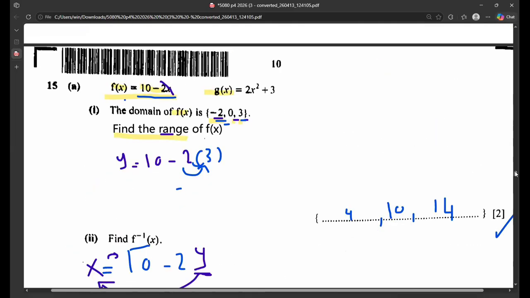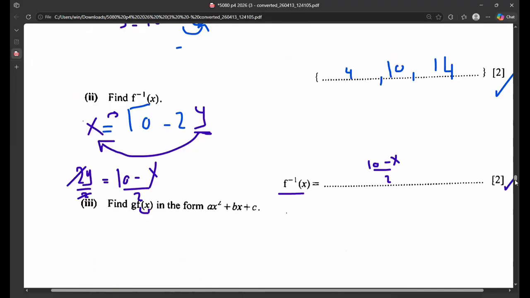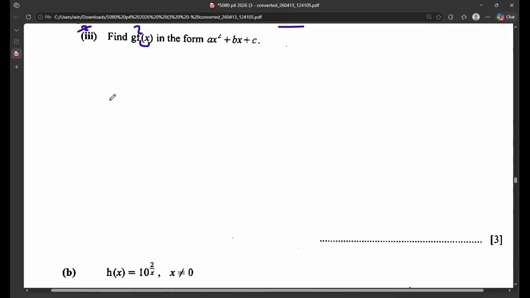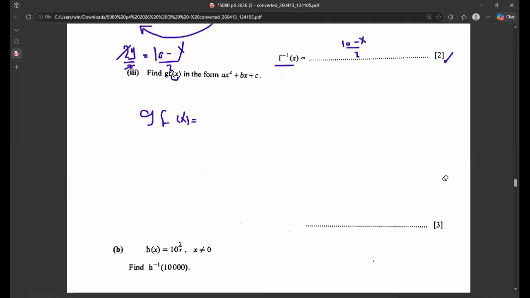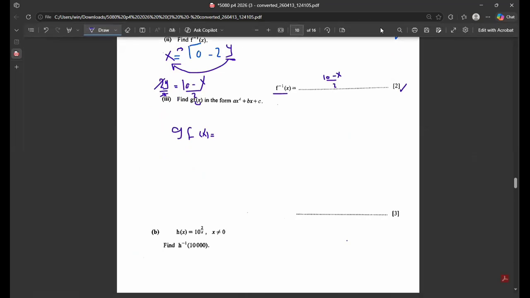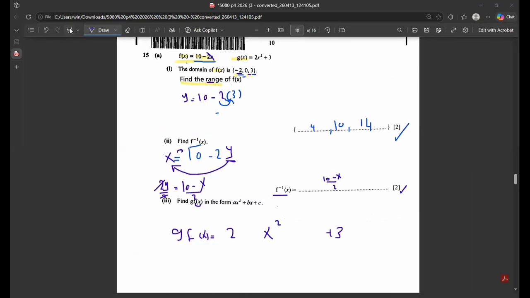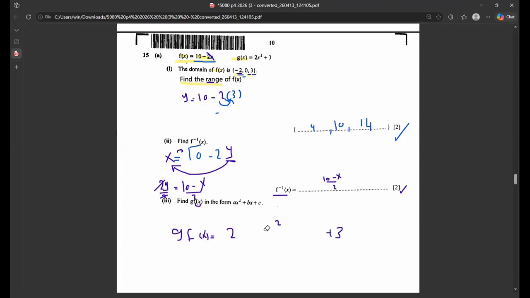So we say here 2 multiplying by 10 minus 2x, plus 3. So we say that g f of x is equal to, here we're going to take the g, and we're going to kick this x squared of the g and put instead of it 10 minus 2x.